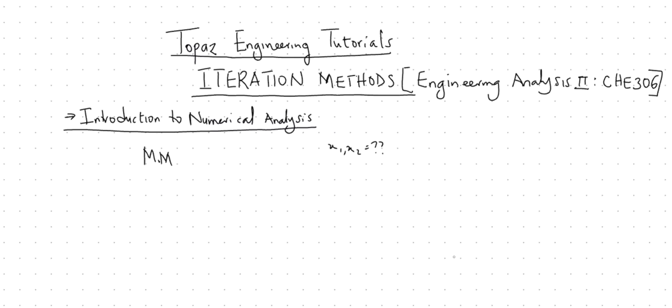I'm going to give an example. Just follow me through. Now, a numerical method can follow a pattern, and this pattern is sometimes called an algorithm. It follows a pattern, like a flow.